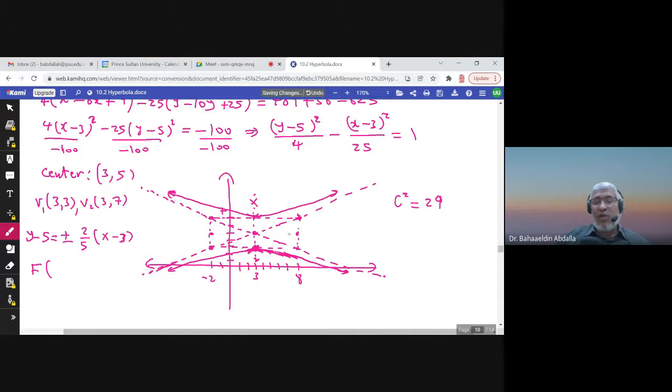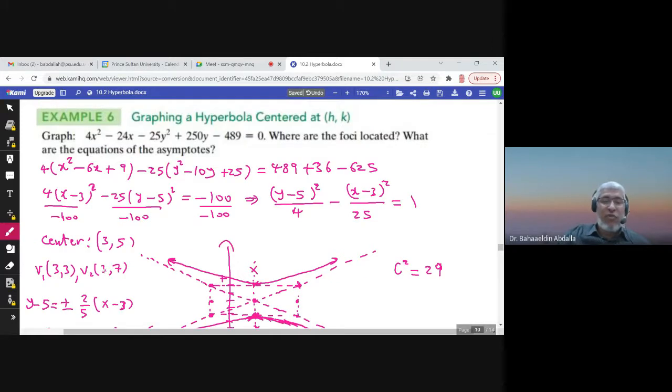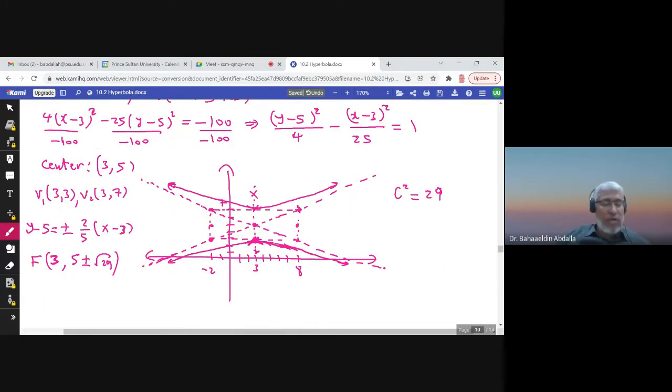So I'll add square root of 29 up and down to 5. So 3 would be the same, but 5 I'll add plus or minus square root of 29. So I'll have 2 foci, and these are the coordinates of the 2 foci.